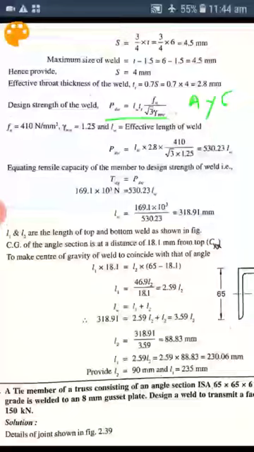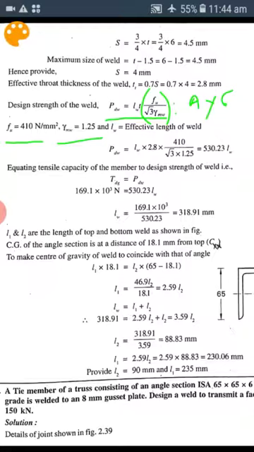The length is to be taken as 1 millimeter run, then the thickness we have already calculated, then this will be the stress in the weld, Fu divided by root 3 gamma mw. Where Fu is 410, gamma mw is 1.25 for shop welding, and if it is welding at site, this gamma mw is to be taken as 1.5. Then Lw is the effective length of the weld. Here the effective length of the weld to be considered is 1 mm.